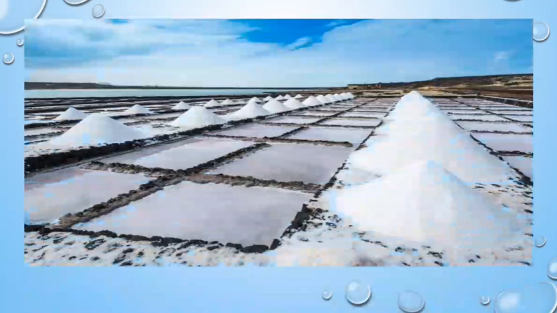Not only that, children, this salt has also got a remarkable role to play in our Indian history. Are you wondering about what I am saying? Yes, what I am saying is a fact. This salt was responsible for a great revolution during our freedom movement. In those days, when India was ruled by the British, our country and the people of our country had to face a lot of problems.